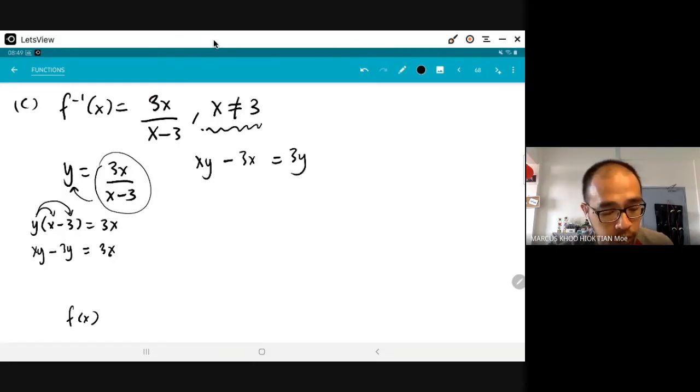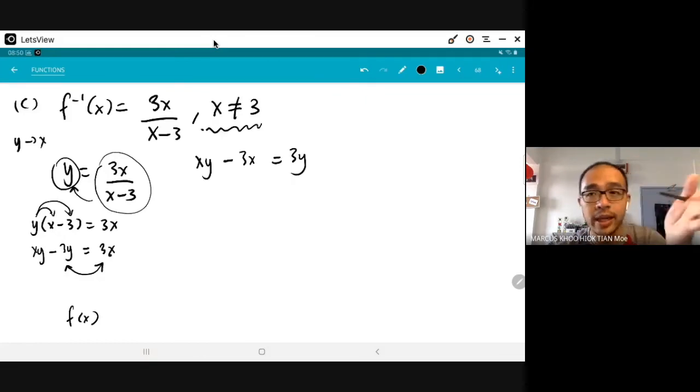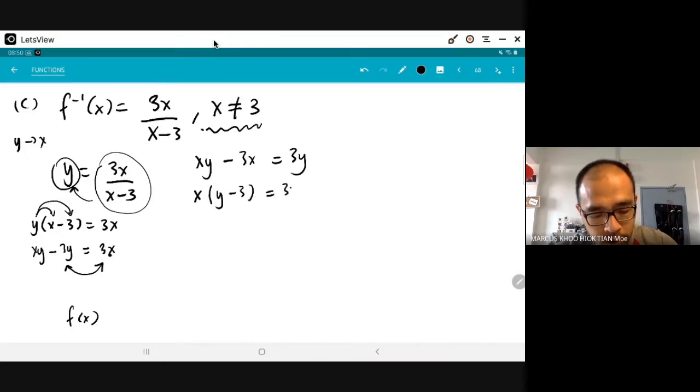The reason I am doing this is because I want to get the x terms together. My main aim is to convert y to x. So the term without x I move to the other side. So I factorize x: x(y minus 3) equals 3y. Then I move it back to the bottom. x equals 3y over y minus 3.